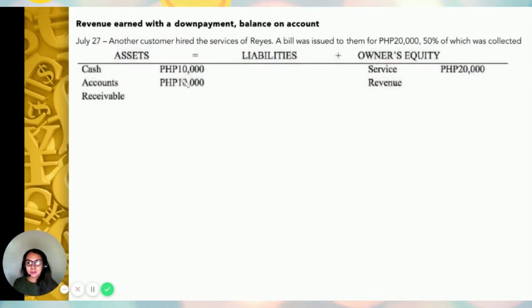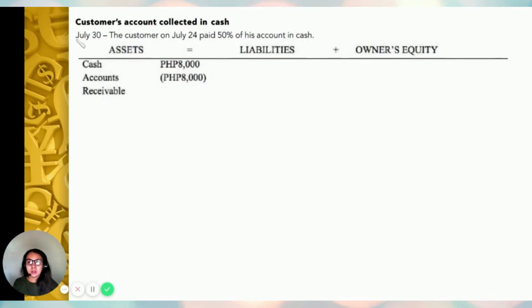And then on the July 30th transaction, the customer paid 50%. If you remember, it was 16,000, and then 50% was collected. So that's 8,000. That means that the business received cash for 8,000.